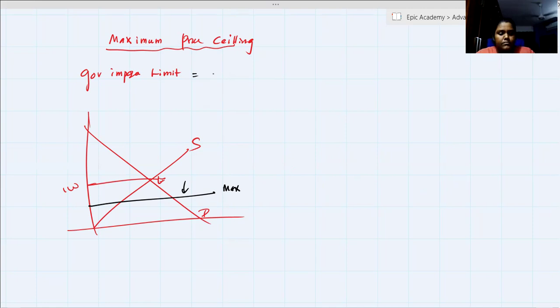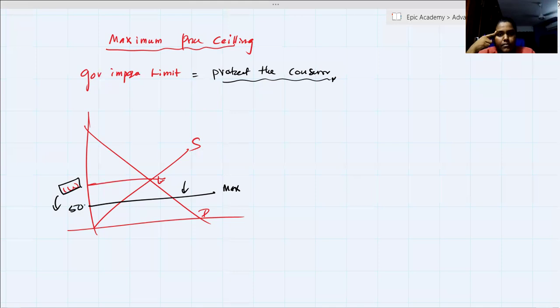In here they are trying to protect the consumer. This is the main target of the government. That is why they are imposing a price below the market equilibrium price, because the market equilibrium price is too high for the consumers.